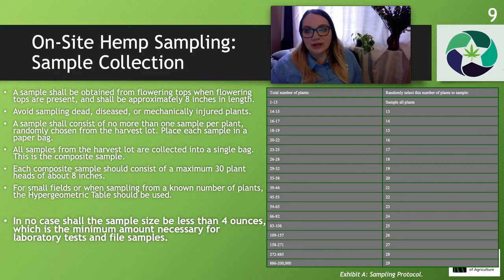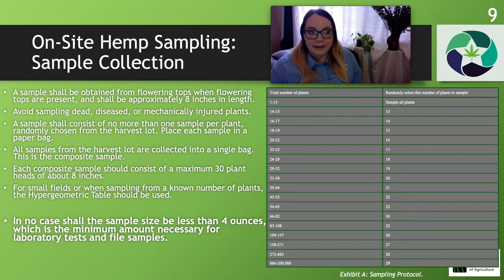Avoid sampling dead, diseased, or mechanically injured plants. If you take a sample from a sick plant, it may not be representative of an otherwise healthy population of plants. So just note that a sample shall only consist of no more than one sample per plant randomly chosen from the harvest lot. So like I said, make sure it's totally random.